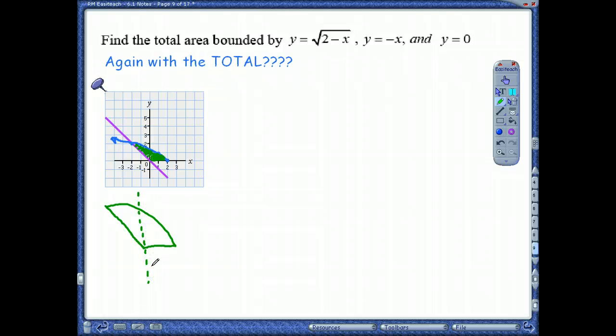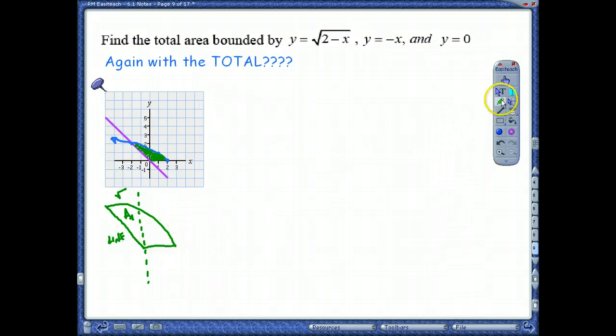Okay. So when I look at that, remember I am writing integrals according to the top function and the bottom function. Well, when I look at area 1 here, my top function is the parabola, or is the square root. The bottom function is the line. Okay, so I have square root and I have line.